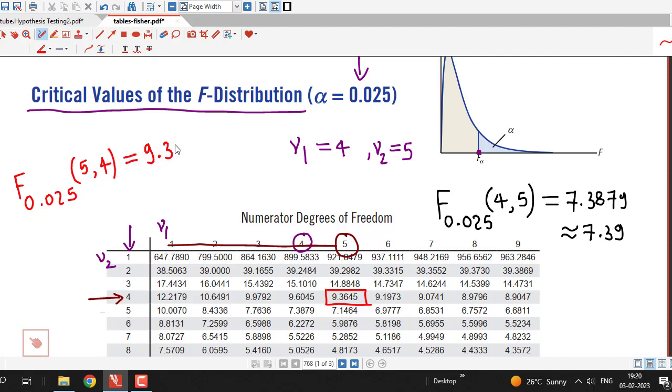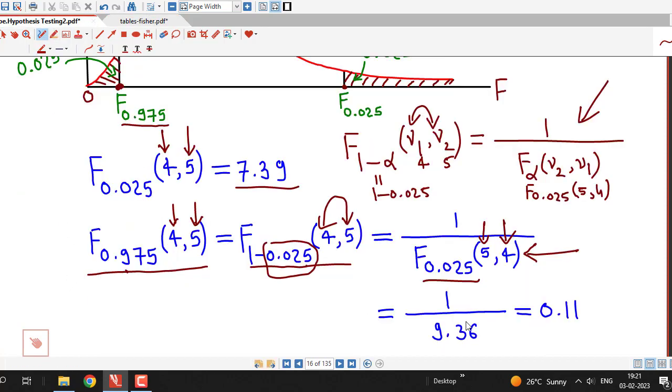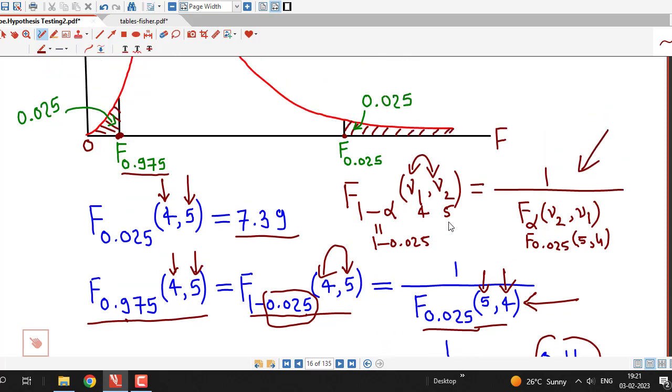This is 9.3645, and up to 2 decimal places we can write this as 9.36. So we substitute that here. Here I have written this value 9.36, and the reciprocal of 9.36 is 0.11, and therefore this critical value is 0.11.